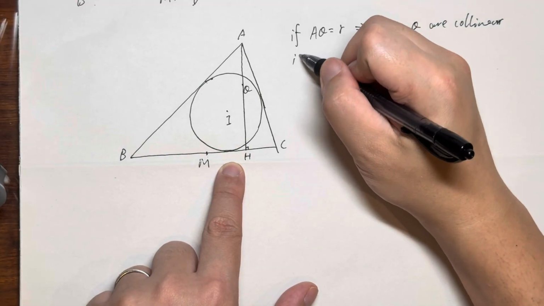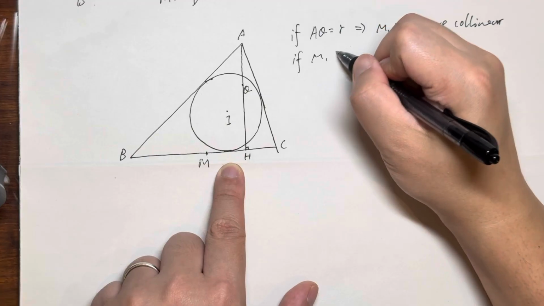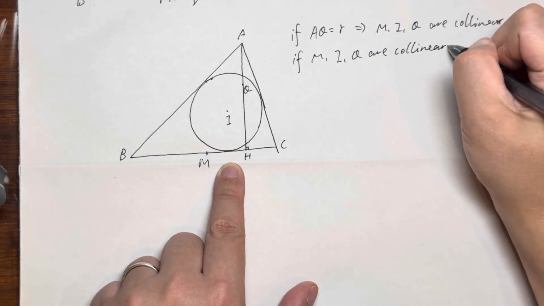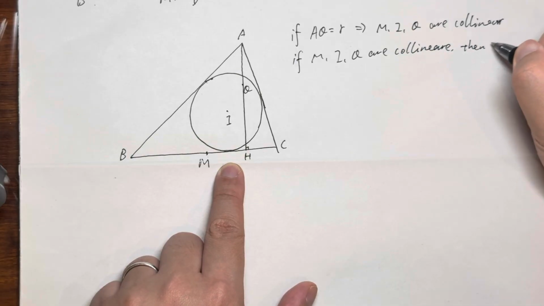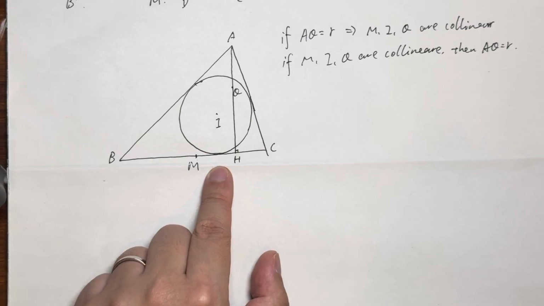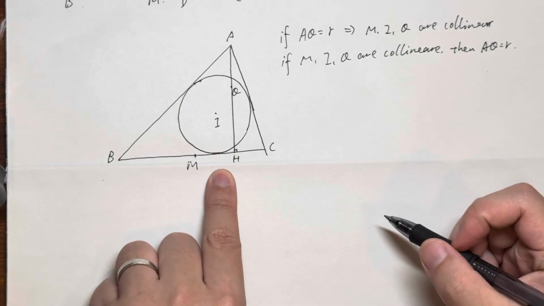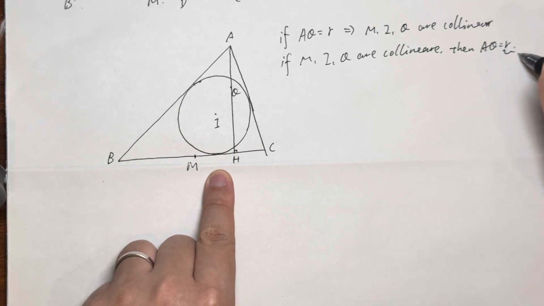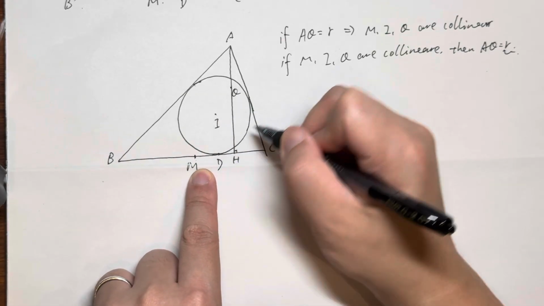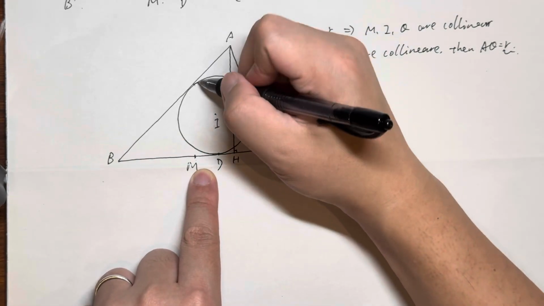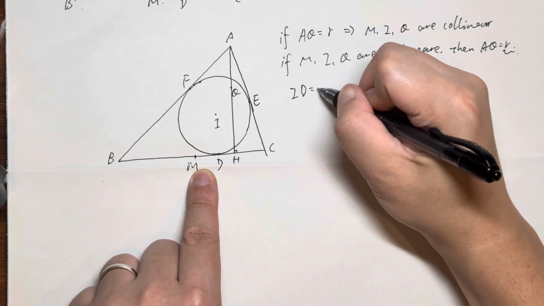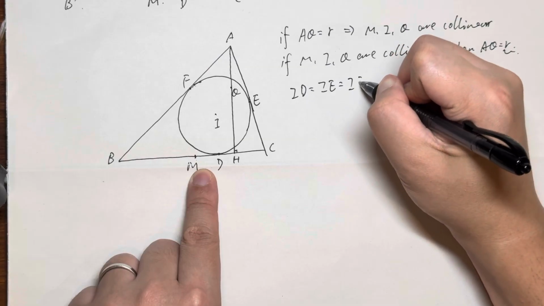Or if M, I, Q are collinear, then AQ equals R. We want to prove this. Notice that what is R? If we call these tangent points D, E, and F, then we know that ID equals IE equals IF equals R.